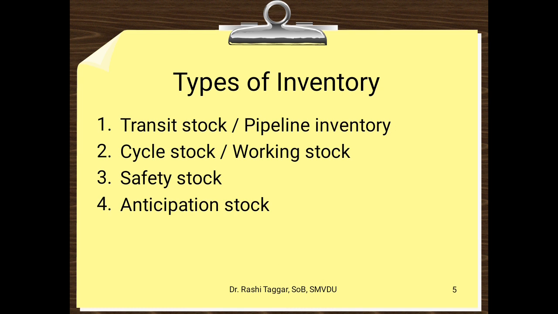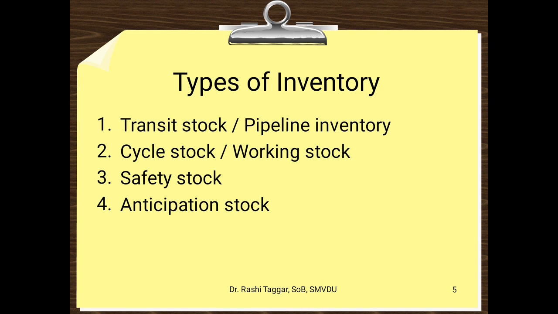Next is anticipation stock. Now, when there is the peak seasonal demand, to meet that peak seasonal demand, anticipation stock is maintained, and we are keeping that stock in anticipation that the coming time will be demanding.